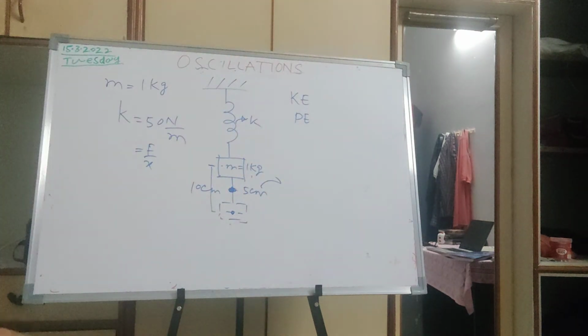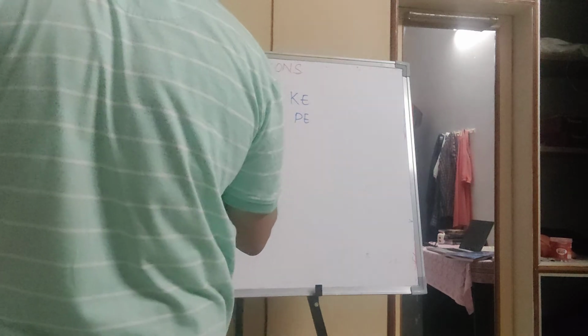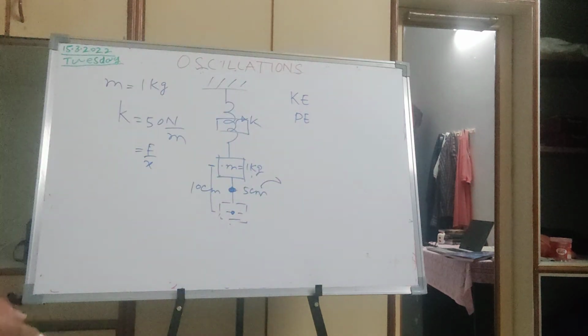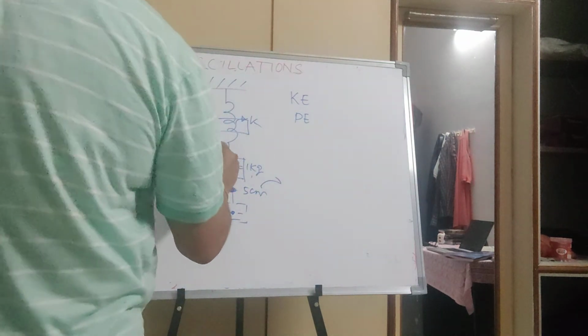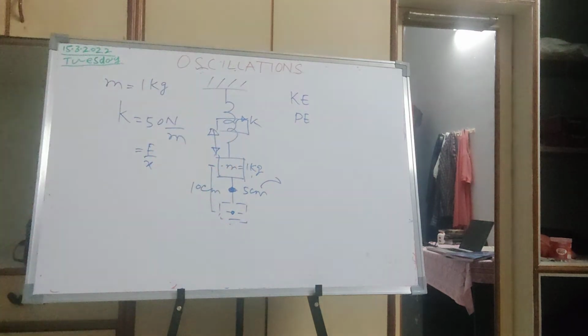So this is the extreme position, 10 centimeter. It will go back, and it will go to this 10 and this 10. So its amplitude is 10. At the 5 cm location, what is the kinetic energy, potential energy, and total energy?